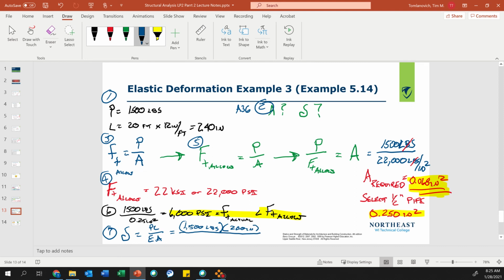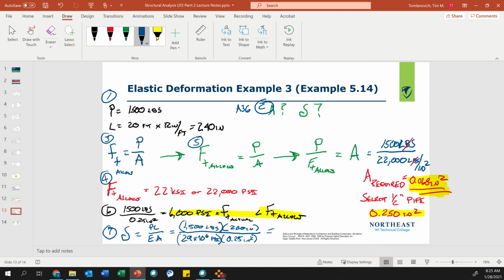The modulus of elasticity of A36 steel is 29,000 KSI, or 29 million psi. So 29 times 10 to the 6, I add 6 zeros at the end of that. The units all cancel out, that's why we end up with inches, times what's our area? We're using 0.25 square inches.